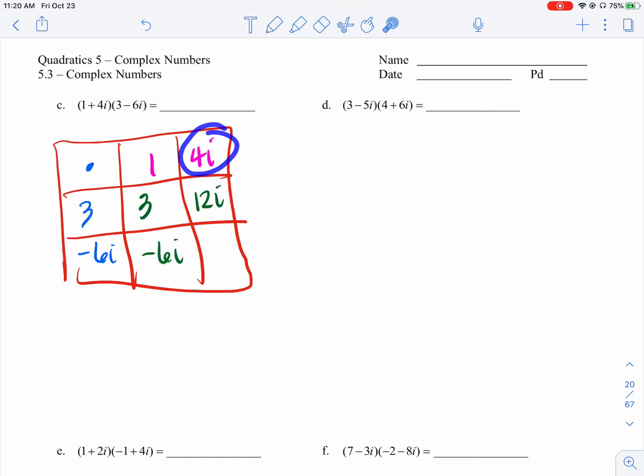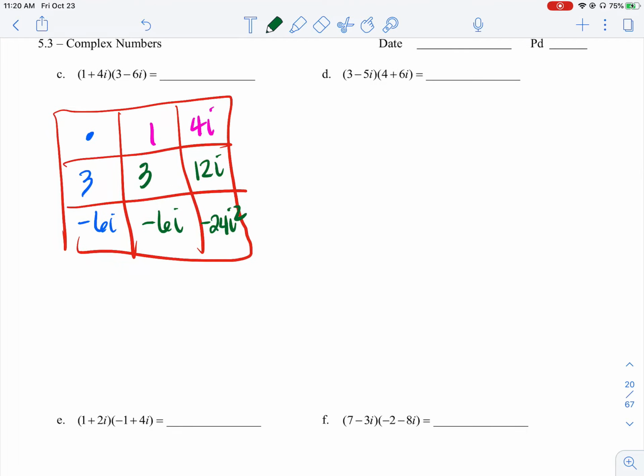And finally, 4i and negative 6i is negative 24i squared. And then let's put them all together. I have 3 plus 12i minus 6i minus 24i squared.